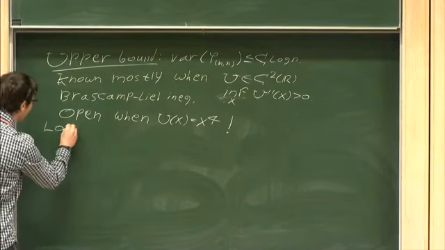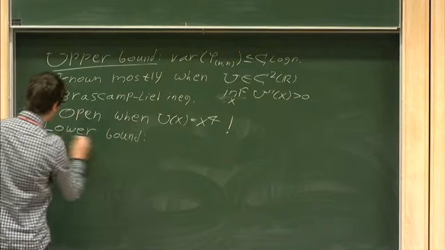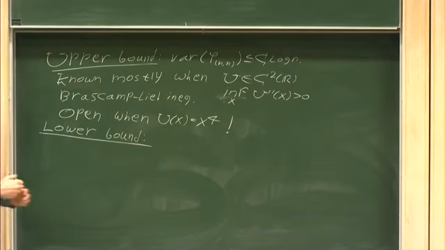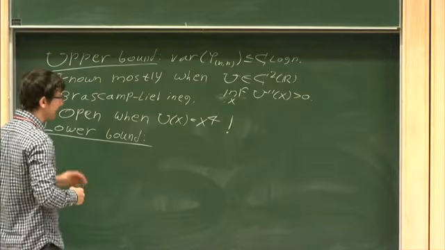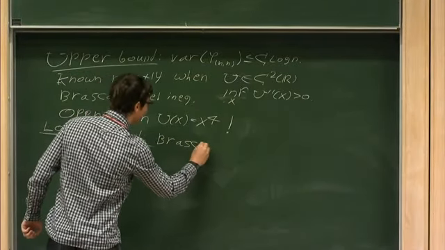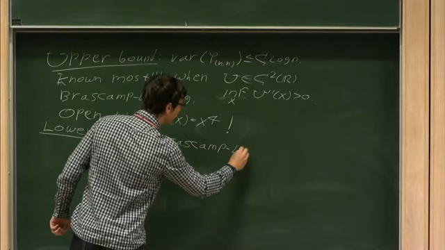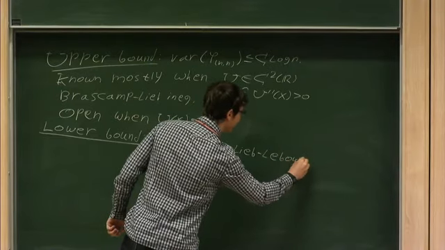All right. So this is the poor situation of the upper bound. The lower bound is better understood. And in fact, my talk will also be on the lower bound. So what about the lower bound? Again, there was work of Brascamp, Lieb, and Lebowitz, from 75.